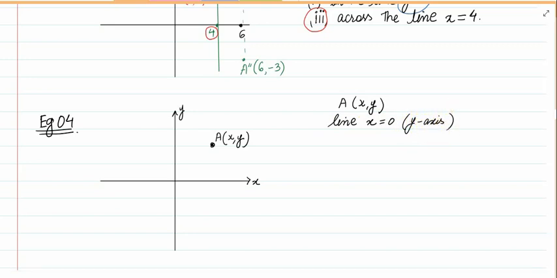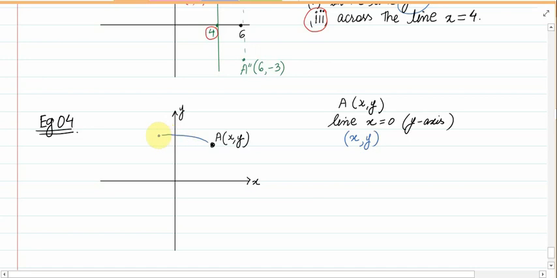And you observe that in the last couple of questions, if you reflect this point, it will become on the negative side, right? And the coordinates of this point, y remains the same, but the x is negative. So that means x, y after reflection across the y-axis will be minus x comma y.